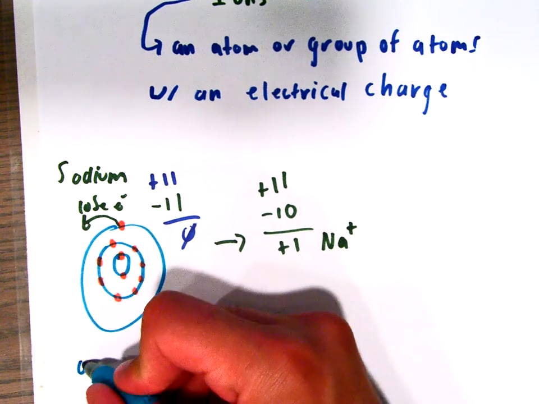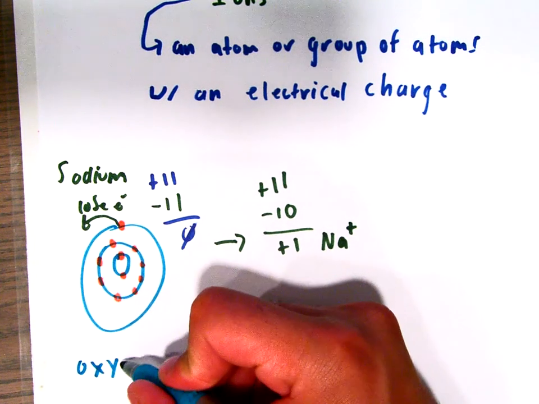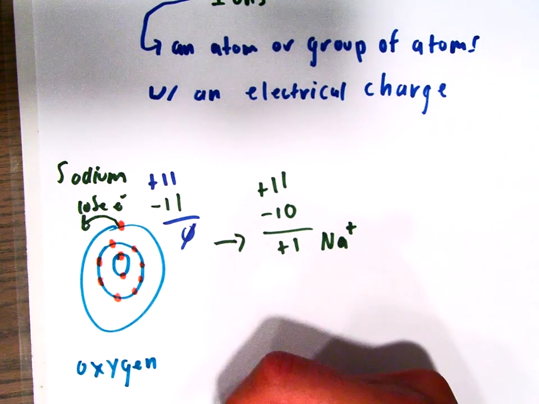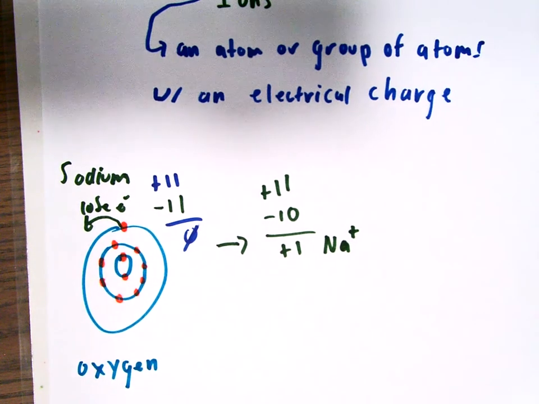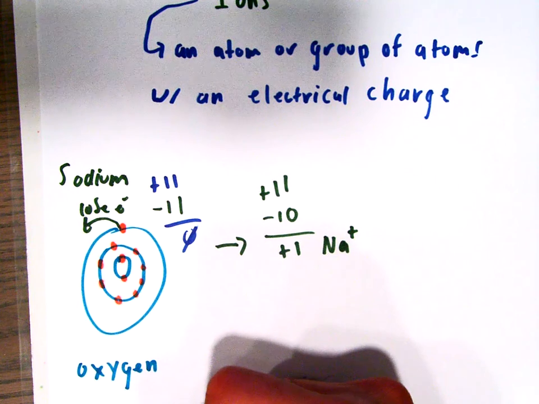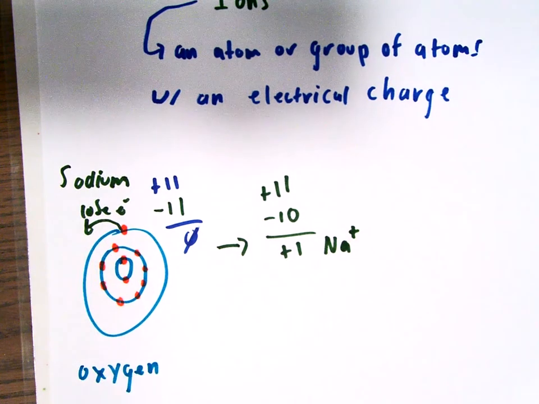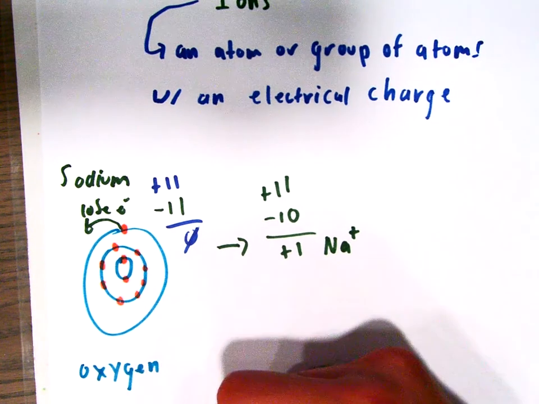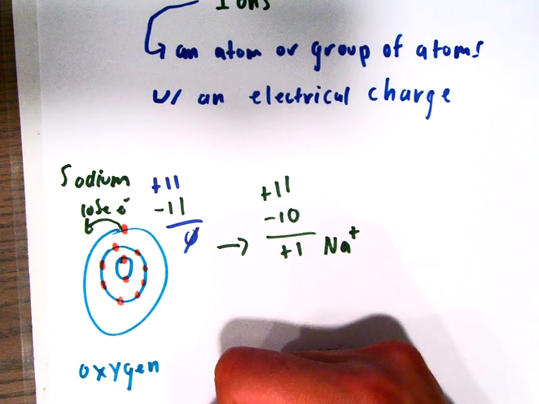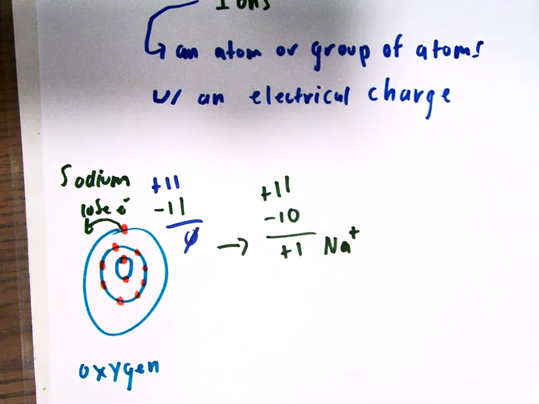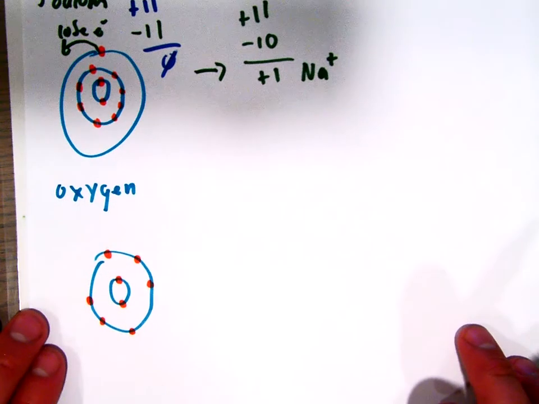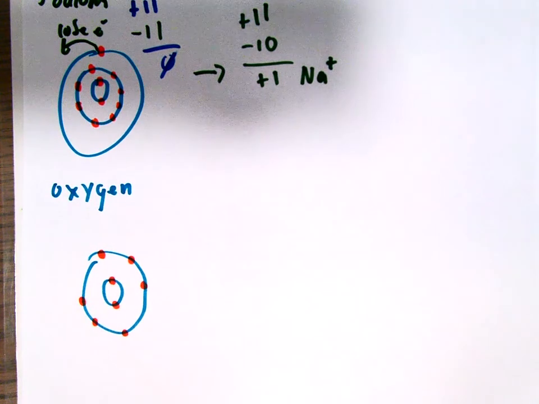Let's look at another example here. Let's look at oxygen. So oxygen has 8 electrons. It has 2 energy shells, and we have 2 here, and then 6 on the outside. Okay, so it has 6 electrons on the outside, 2 on the inside.